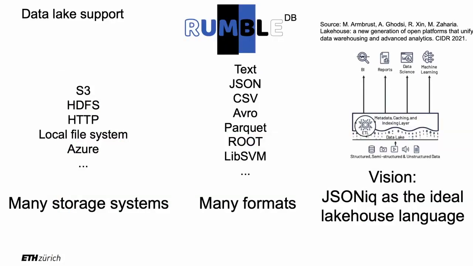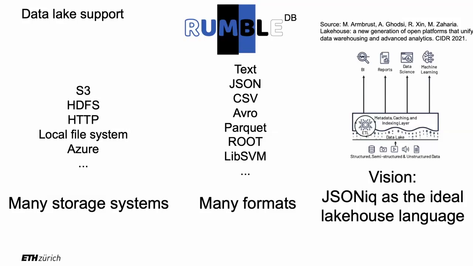RumbleDB allows you to read data from S3, from HDFS, from HTTP over the web. Of course, if it's from HTTP, you cannot parallelize. From the local file system on your machine, from Azure blob storage, and so on. So from many places. Second, many formats. You can read text files, then you will just see strings. You can read JSON, JSON lines.